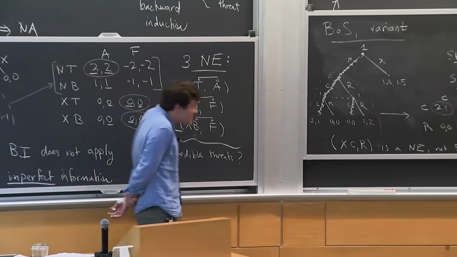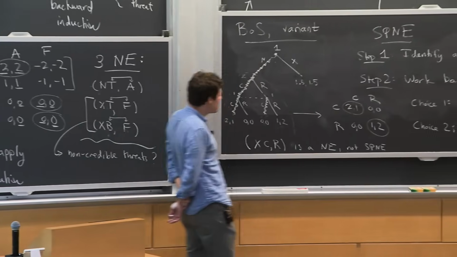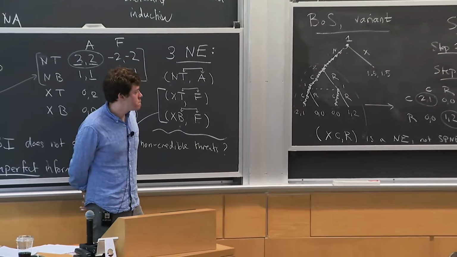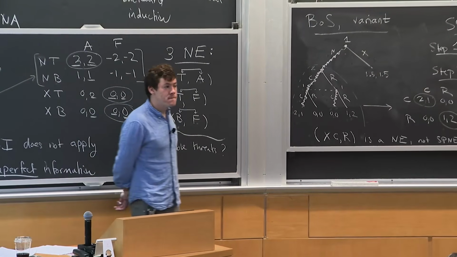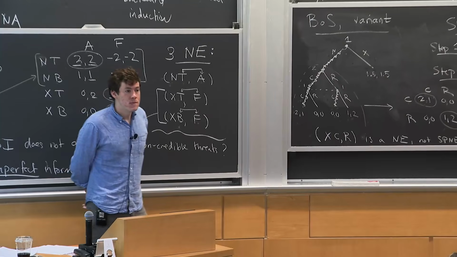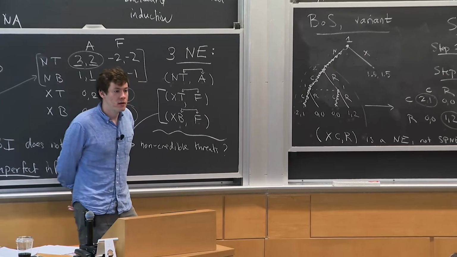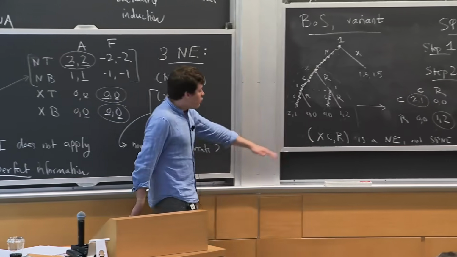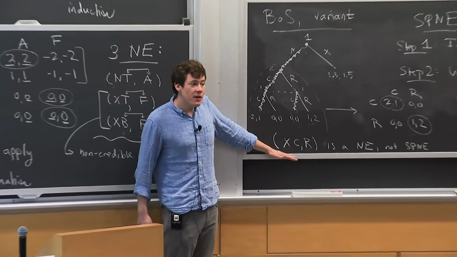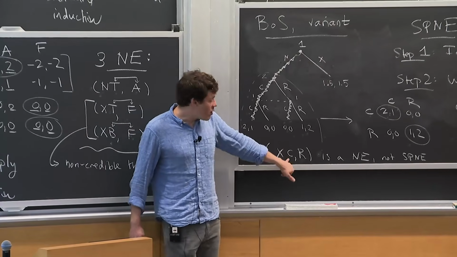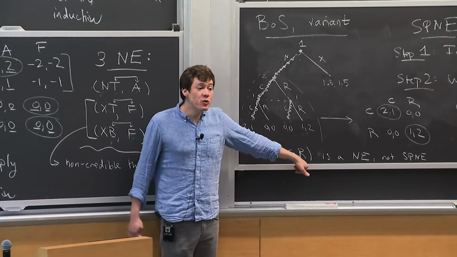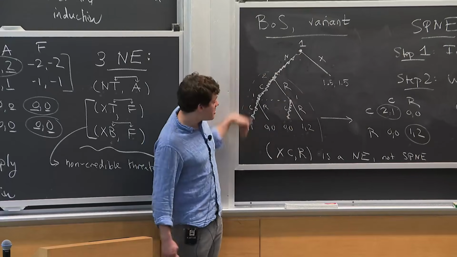So what's wrong? It is a Nash equilibrium, but it's not subgame-perfect. And why is that? Thoughts? Well, let's look at our subgame, right? In our subgame, player 1 is playing C, and player 2 is playing R in our subgame here.